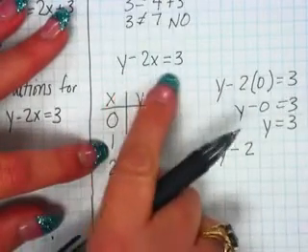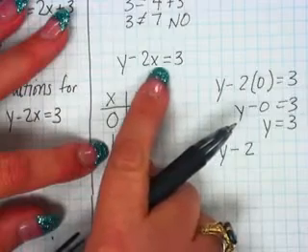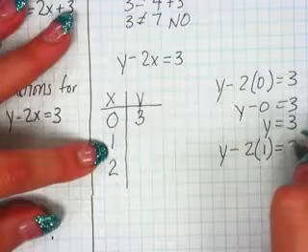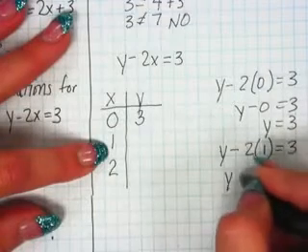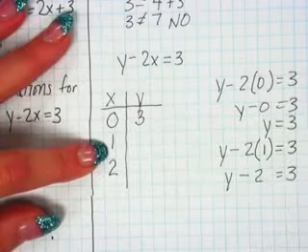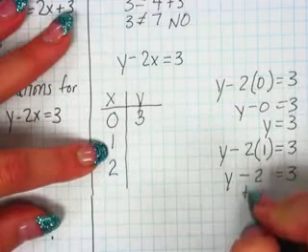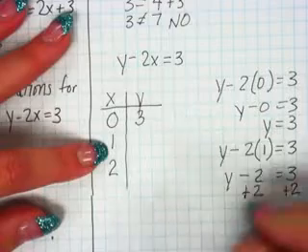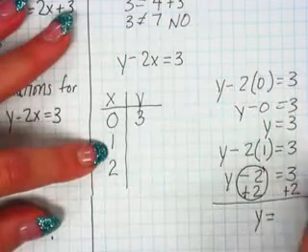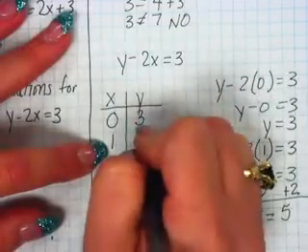So I start with the original equation, and in the x position I put a 1. 1 times 2 is 2. Now we're solving equations, opposite operations, minus 2. We're going to add 2. This is a 0. So we get y equals 5.